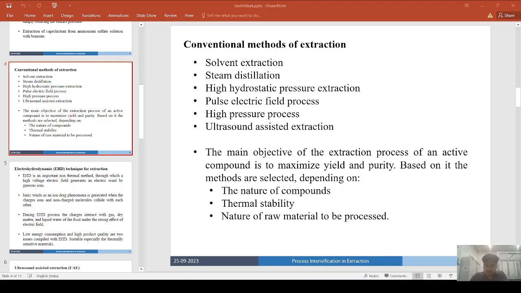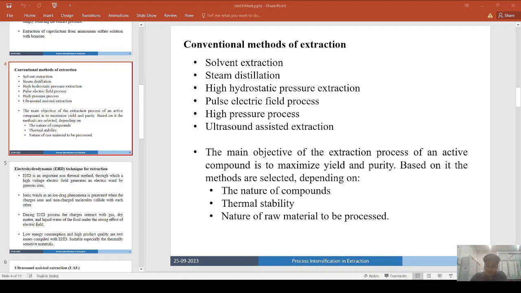Conventional methods exhibit lower efficiency due to decreased molecular affinity between solvent and solute, and high energy consumption is also one of the notable disadvantages of the conventional extraction processes.